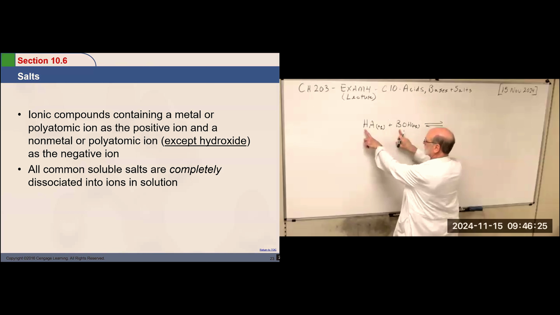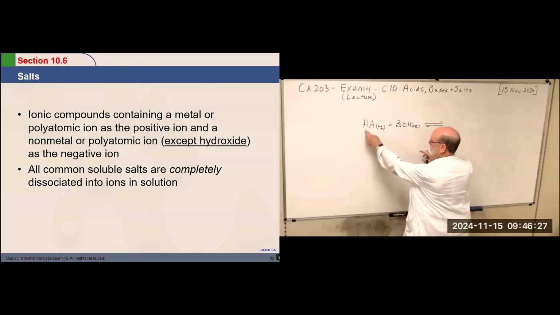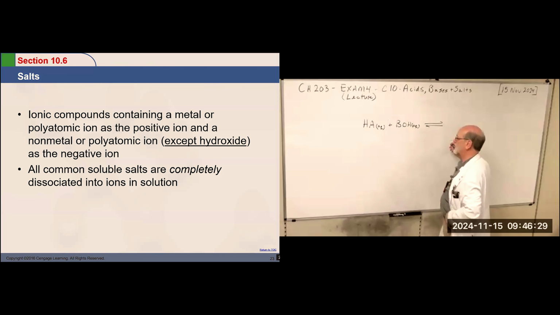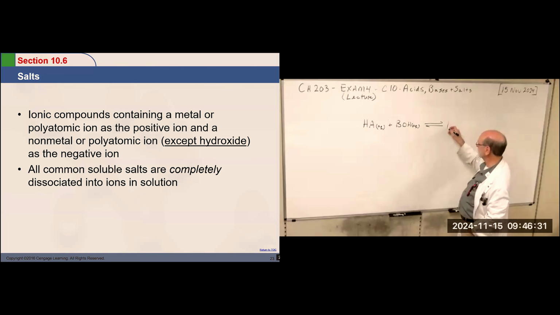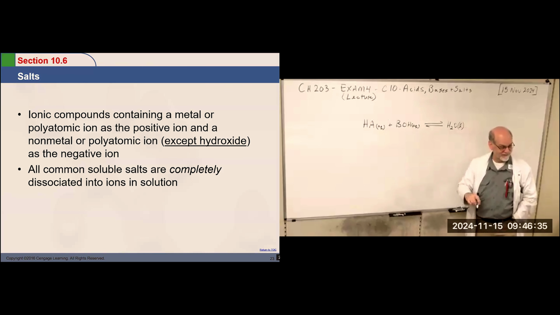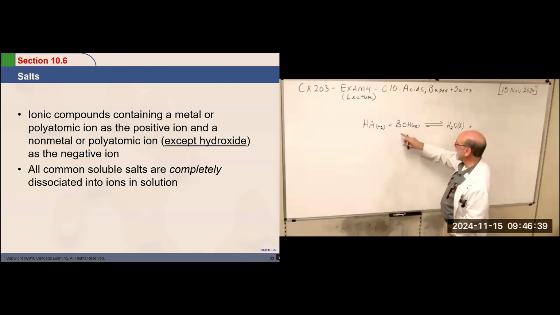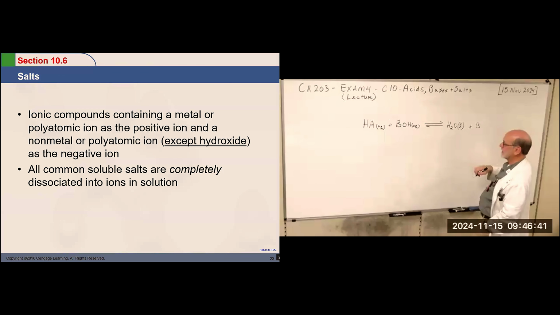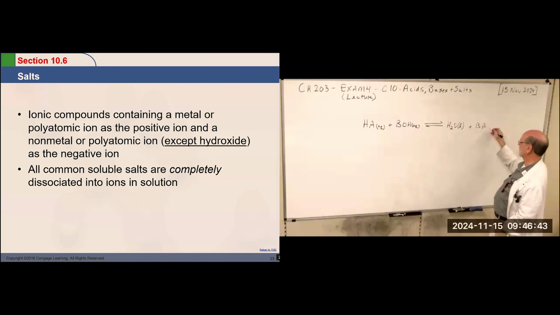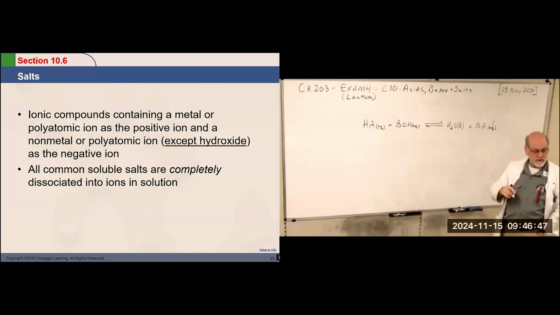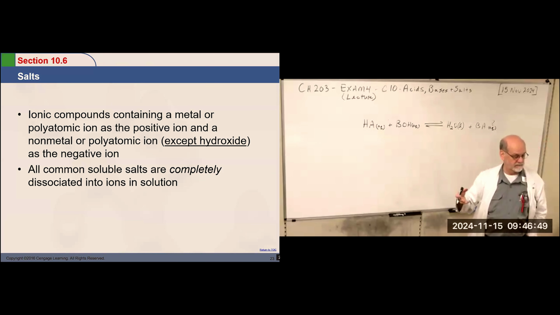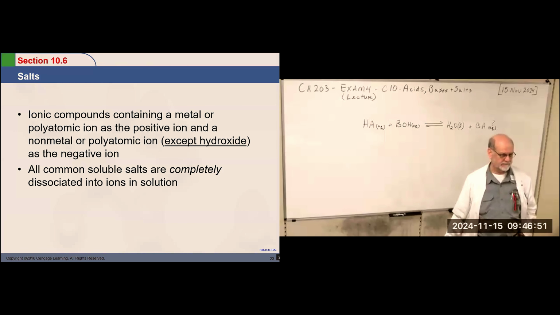This one swaps places with that one. So if this hydrogen comes over here to that hydroxyl, what do you get? Water, right? Okay, what's left over? Well, you have the cation first and the anion second. And they could be water soluble, some of them are not. They might precipitate out.